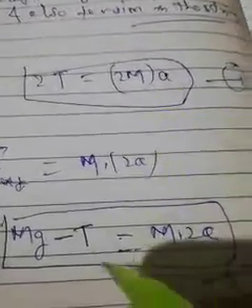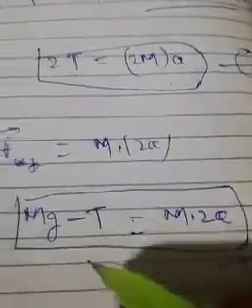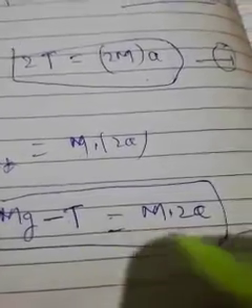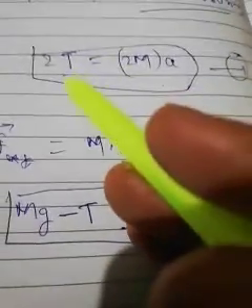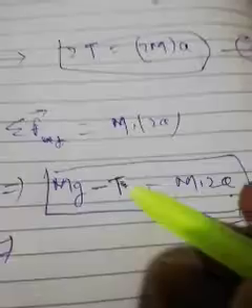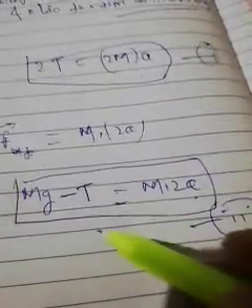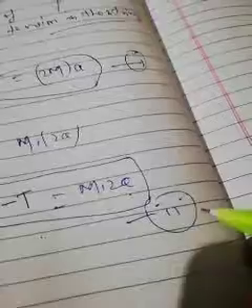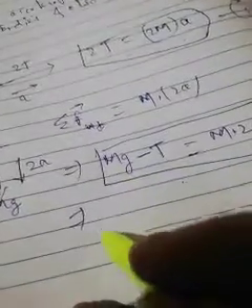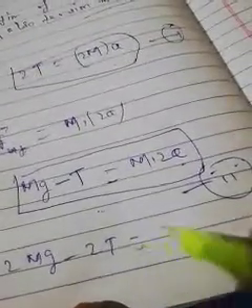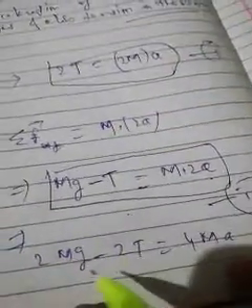Now from equations 1 and 2 we can find the value of acceleration A. So 2T is equal to 2m into A. Multiplying equation 2 by 2, we get 2mg minus 2T is equal to 4ma, and we use this equation also.